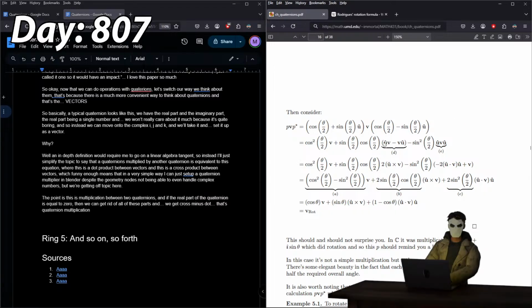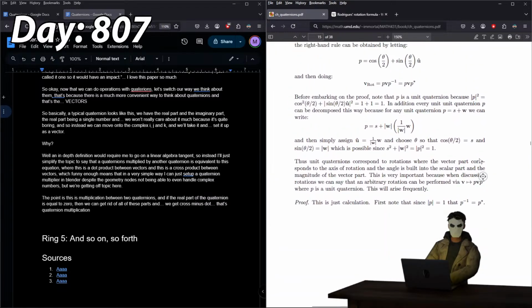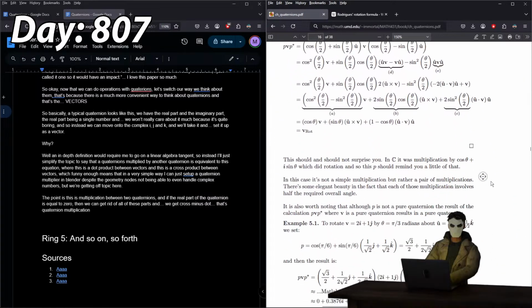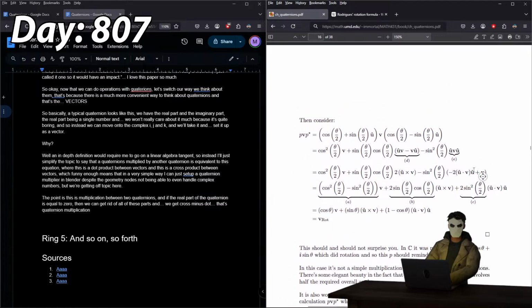Okay, then what? Then we have uv minus vu, which gets turned into 2 cross. Right, yes, because the cross product... Yeah, I remember. That's because in the multiplication... This is page what? Page 16. Okay.